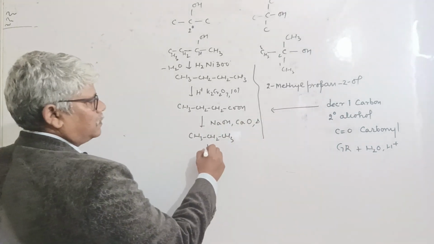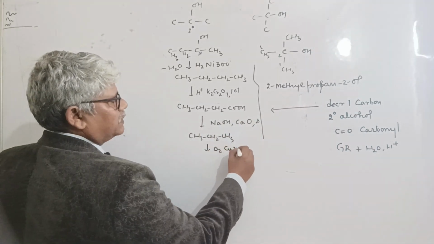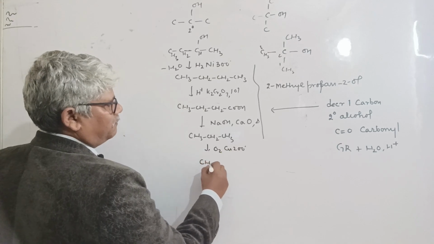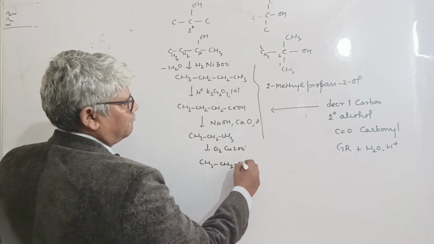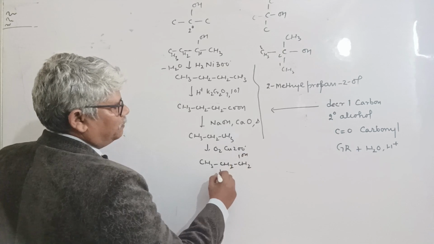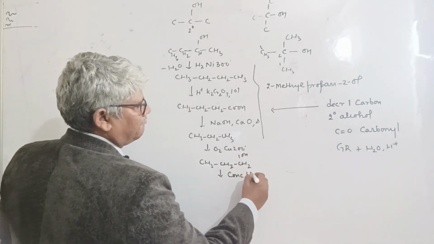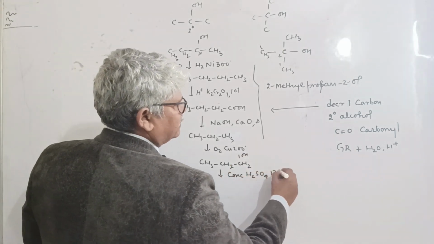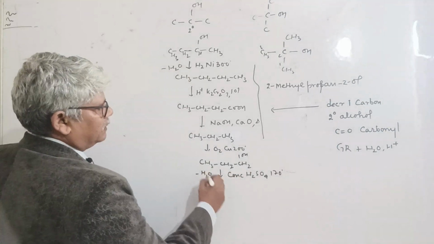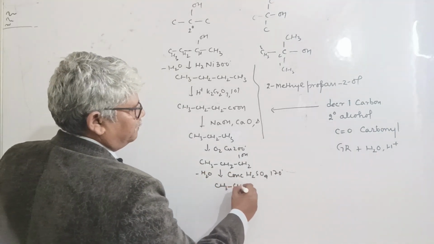Now oxidize under controlled conditions to give propan-1-ol. Do beta elimination at 170 degrees centigrade, dehydrate to give propene.